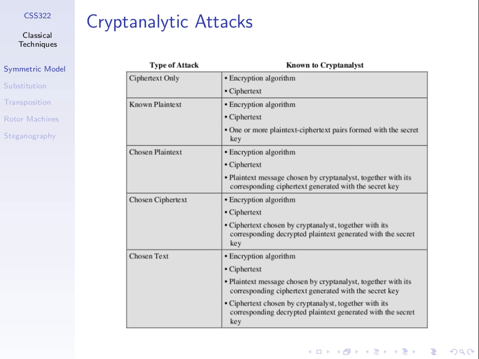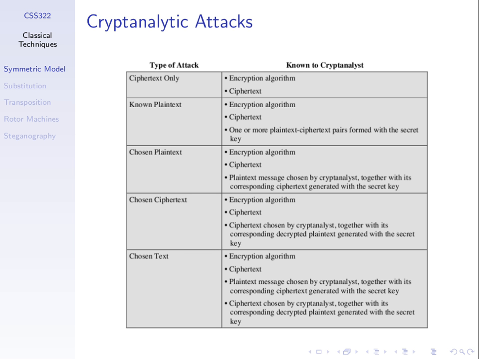Next one is similar, but they can choose the ciphertext as well. And the final one is when they have not two pairs of messages, P3 and C3, in the same manner, where they've chosen the plaintext and also chosen the ciphertext.